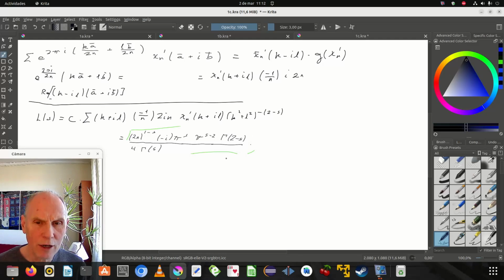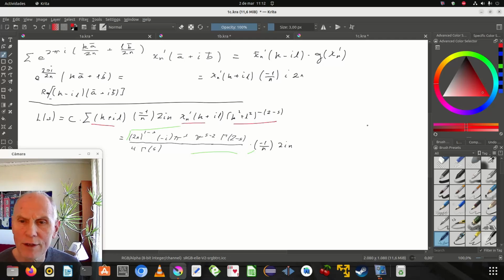And then I copied the constant, that's c, and then we have this factor, the symbol minus n times 2in, and then the sum that is exactly L of 2 minus s.